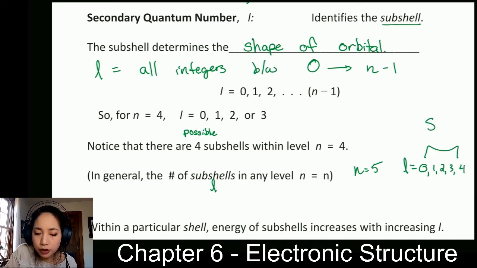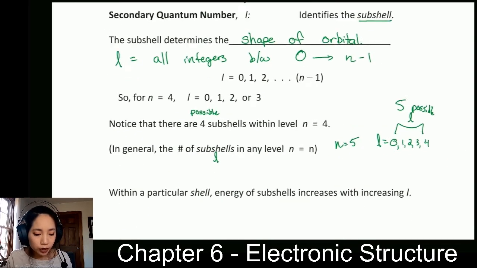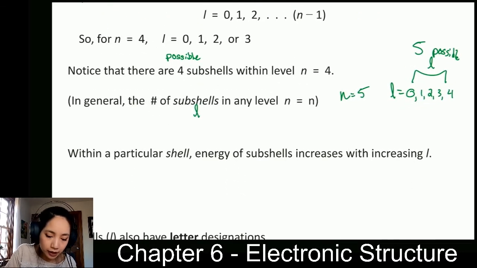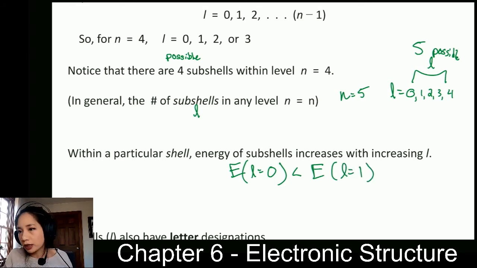So you can see that there are 5 possible L or secondary quantum numbers within an n equals 5. Typically, within a particular shell, the energy of those subshells increases with L. So an L equals 0 has lower energy than an L equals 1, 2, 3, or 4 within one particular shell.